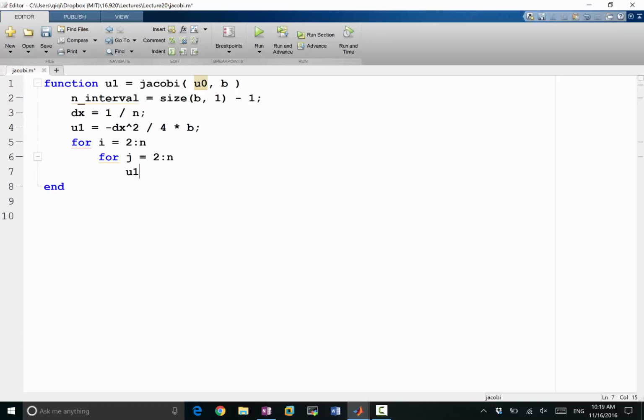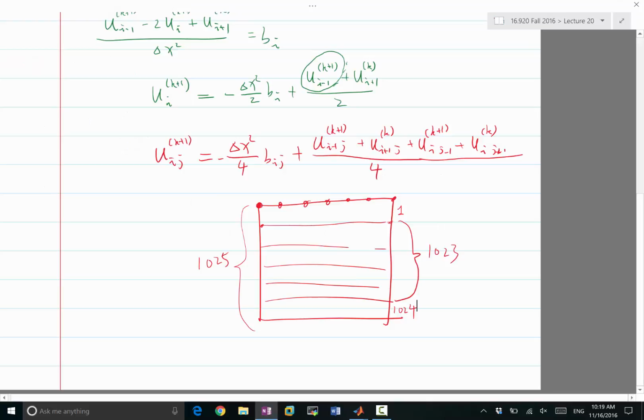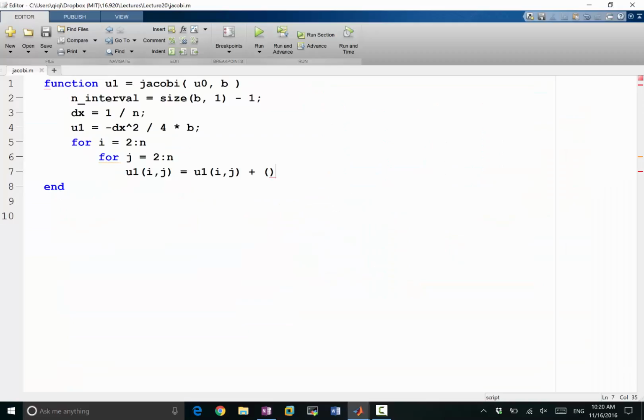We would be doing u1 of ij equal to this itself plus the average of, well, this is Gauss-Seidel. For Jacobi, the only difference is that all of them are k instead of k plus 1, right?